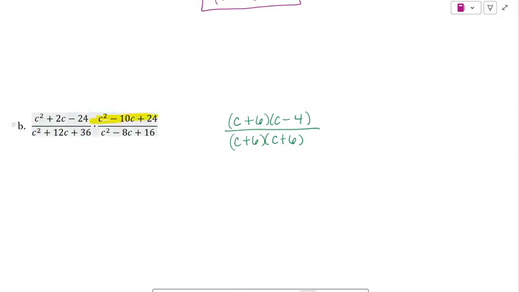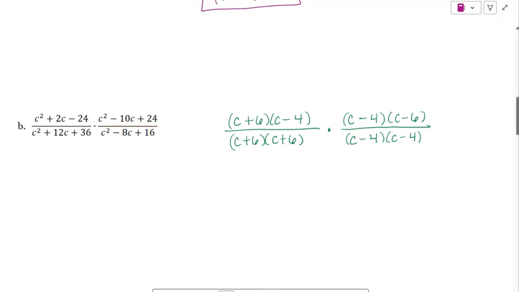Moving up here, we have c minus 4 and c minus 6. And then here, that looks like c minus 4 times c minus 4.